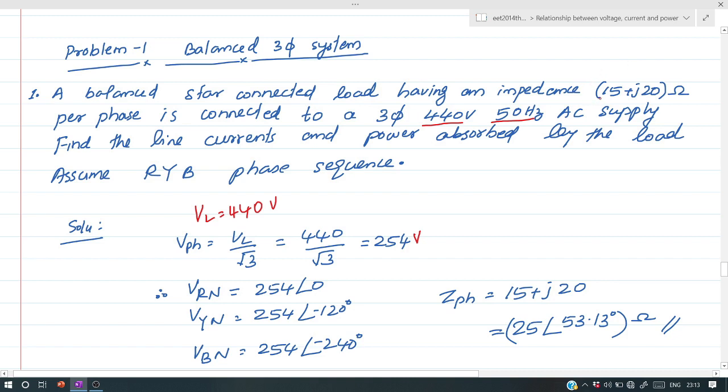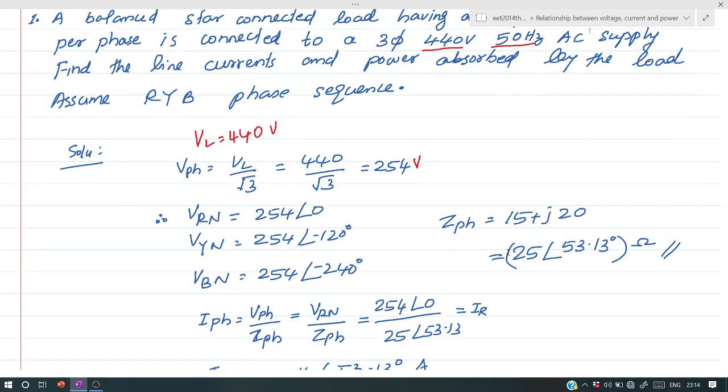Another given parameter is impedance per phase, which is 15 plus j20. When we convert this into polar form, impedance can be written as 25 angle 53.13 degree ohm.